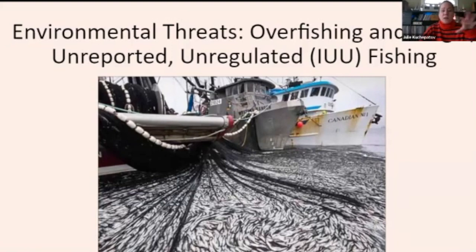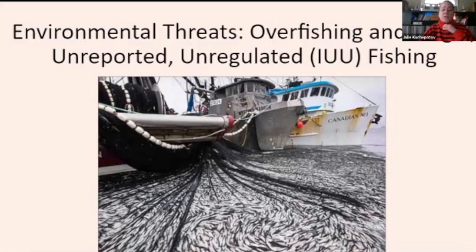Let's break down the term IUU really quickly. Illegal fishing is conducted by national or foreign vessels in waters without the permission of that state or against its laws and regulations. Unreported fishing is fishing that has not been reported or has been misreported to the relevant national authority, against national laws and regulations.